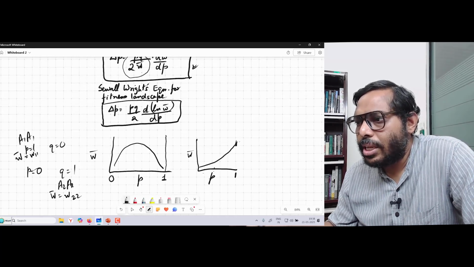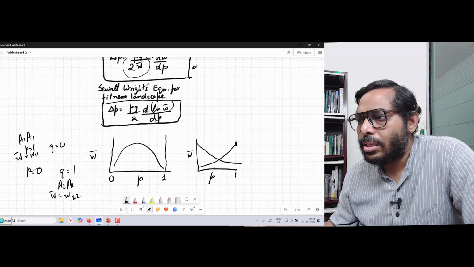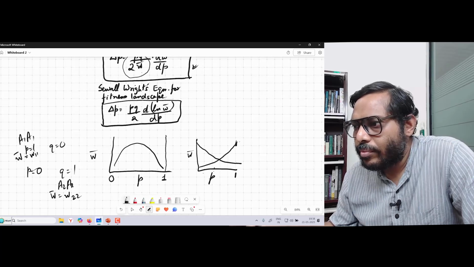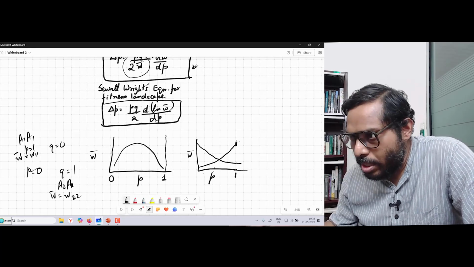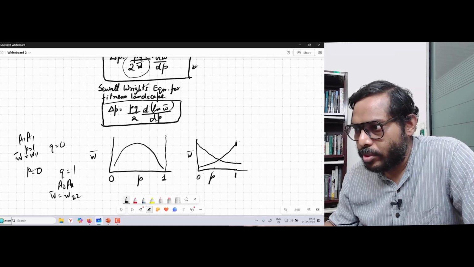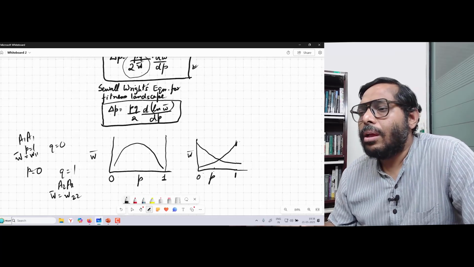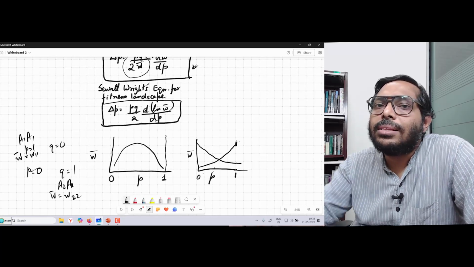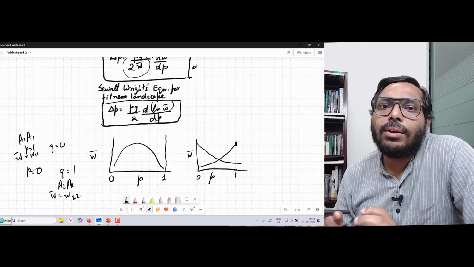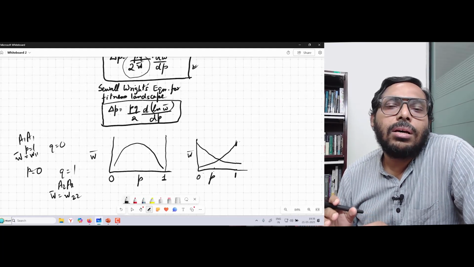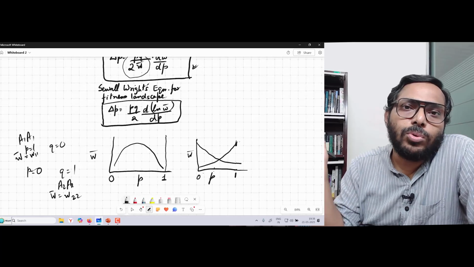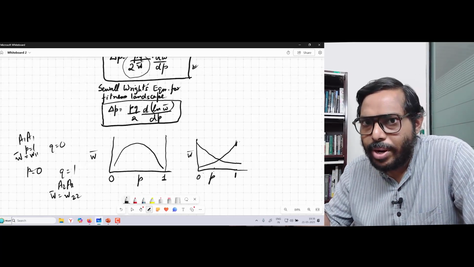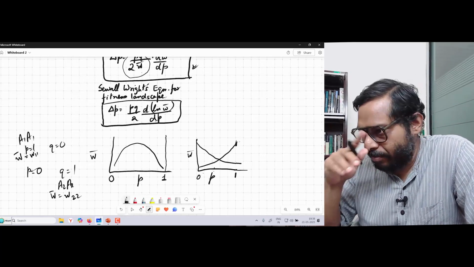Similarly, if you have a scenario which looks something like this, you are going to have equilibrium here at P equal to 0. It will go like this. But these are the things that we saw yesterday, right?